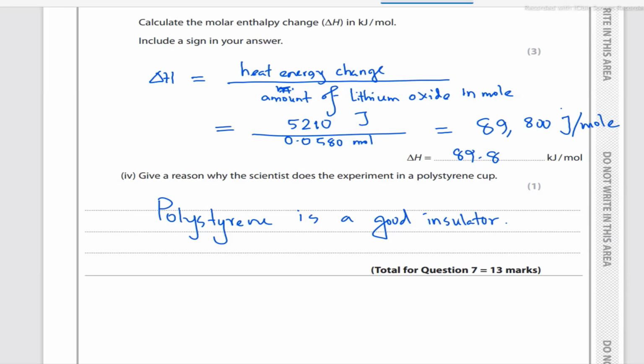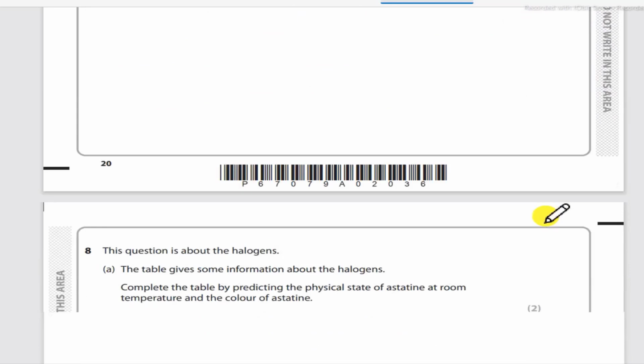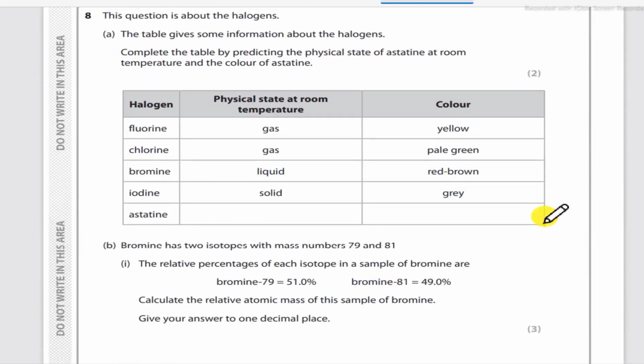Total for question 7 equals 13 marks. Now let's start question number 8. This question is about halogens. The table gives some information about halogens. Complete the table predicting the physical state of astatine at room temperature and the color of astatine.